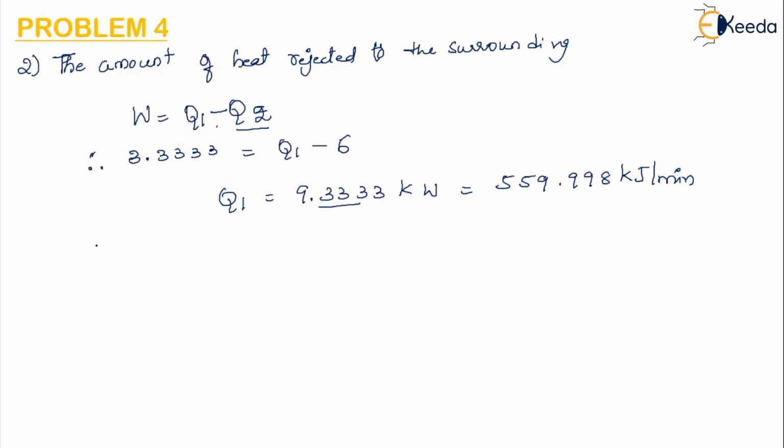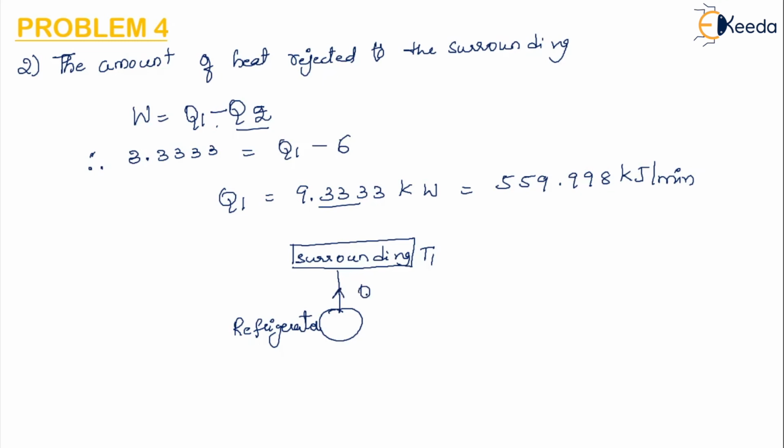Now they are asking us to draw the system, that is the sketch of the system. So if these are the surroundings, that is T1, and this is the refrigerator, the heat rejected to the surroundings is Q1, and the heat received is Q2.